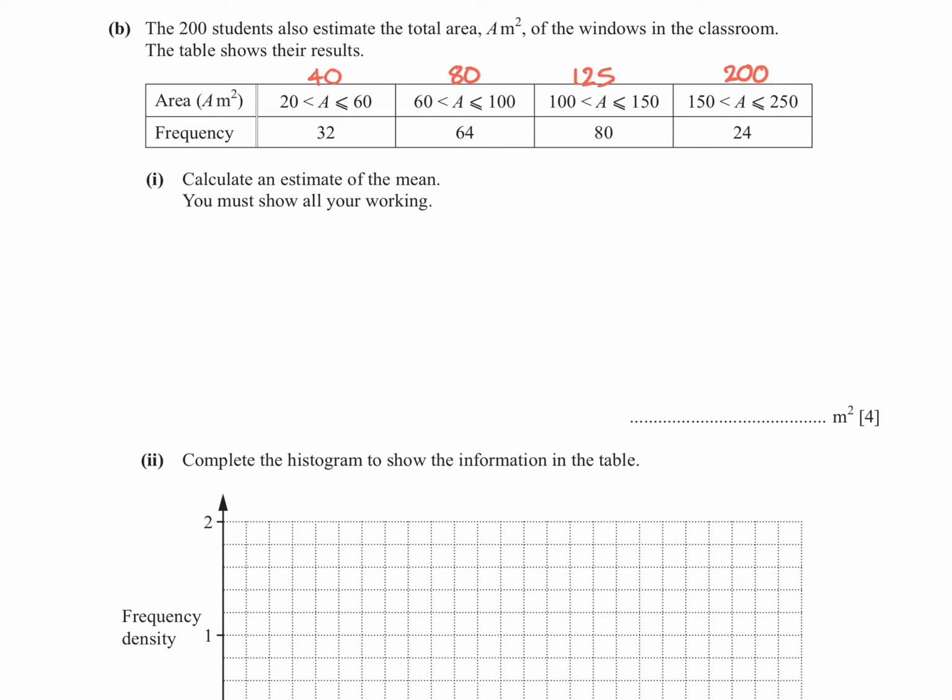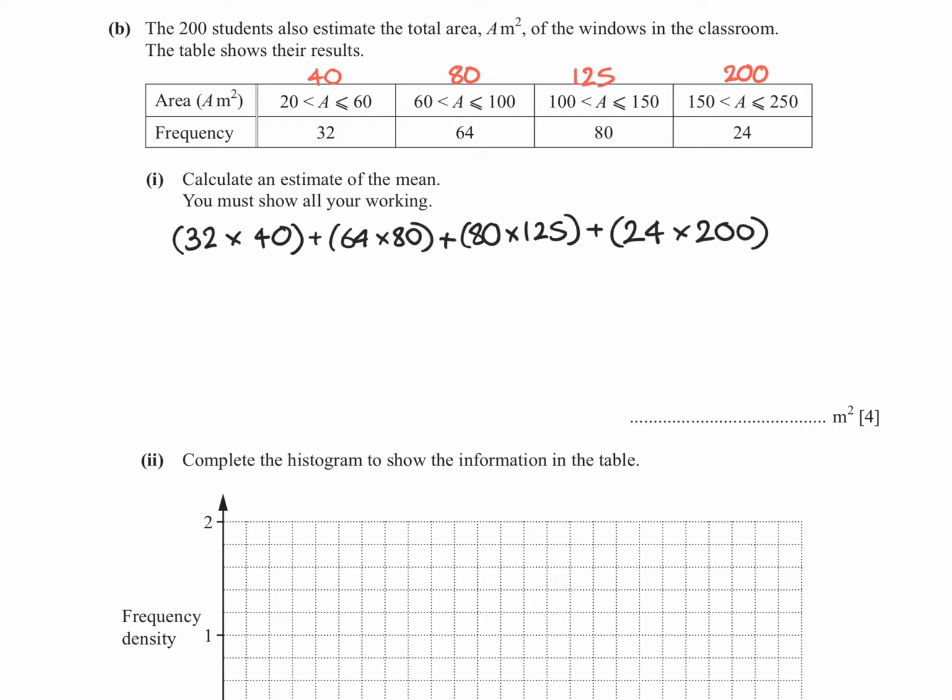So to work out the mean, we must do 32 students multiplied by 40 from the first column plus 64 students multiplied by 80 from the second column and 80 multiplied by 125 from the third column plus another 24 students multiplied by 200 from the last column, and this all has to be divided by the total number of students, which is 200.